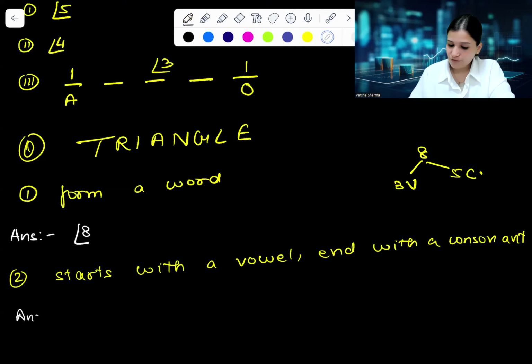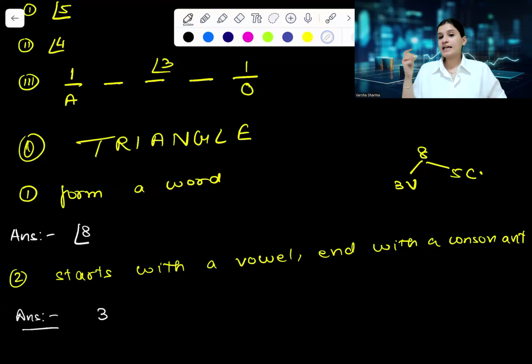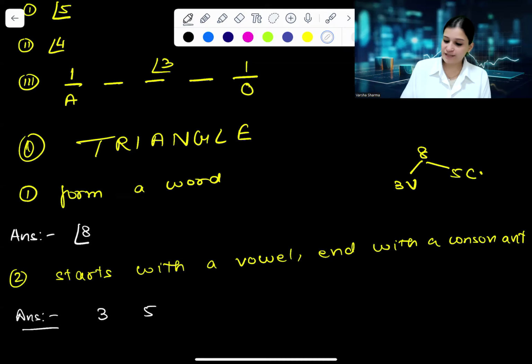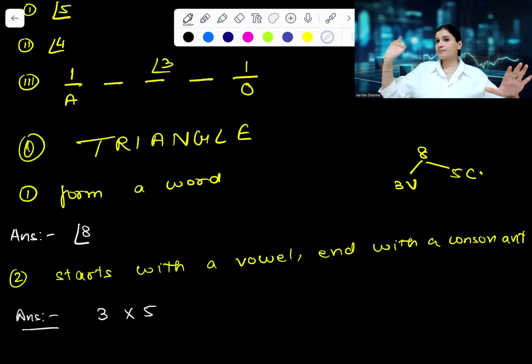So the first place can be filled in three ways. The last place has to be filled by a consonant, so it can be filled in five ways. Now, first place is filled, one sits there, one sits at the end, two are gone. Remaining six people only need to be arranged. So those six can be arranged in six factorial ways.